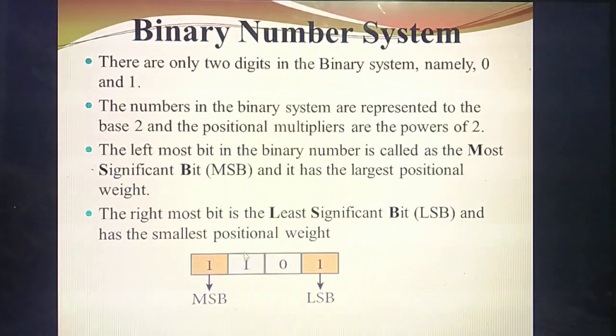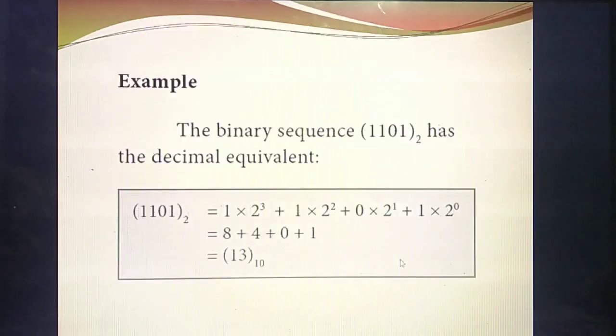The rightmost bit is the LSB and the leftmost bit is the MSB, the most significant bit, which has the highest positional weight. LSB has the lowest positional weight. For example, place value 0, 1, 2, 3. Understand? So see, this is the second example.